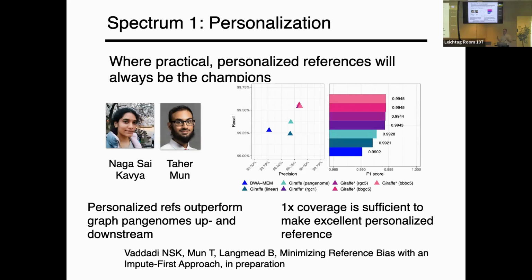You could do measurements up or downstream: an upstream measurement of reference bias or a downstream measurement of variant calling accuracy. We always did better than graph pangenomes built from a generic, for example, 1,000 Genomes pangenome, and definitely better than linear aligners too. So for all the pangenome talk today, I think it's important to remember the ultimate tool in avoiding reference bias is a personalized reference.